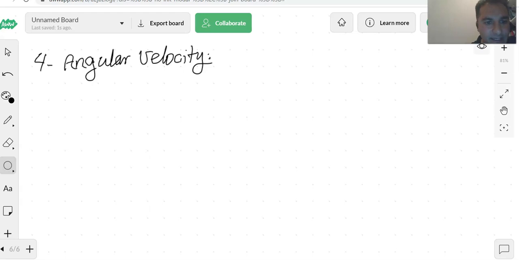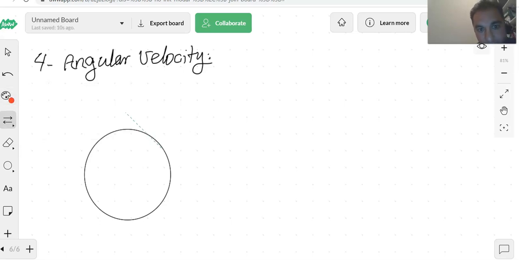Let's say this is a circle, correct? And I know that we always have velocity on the circle, correct? Velocity on the circle.